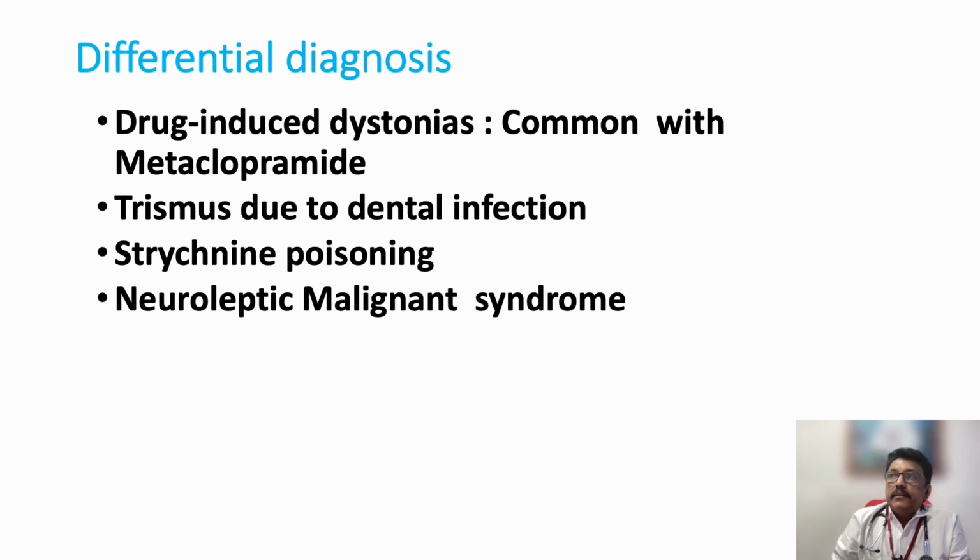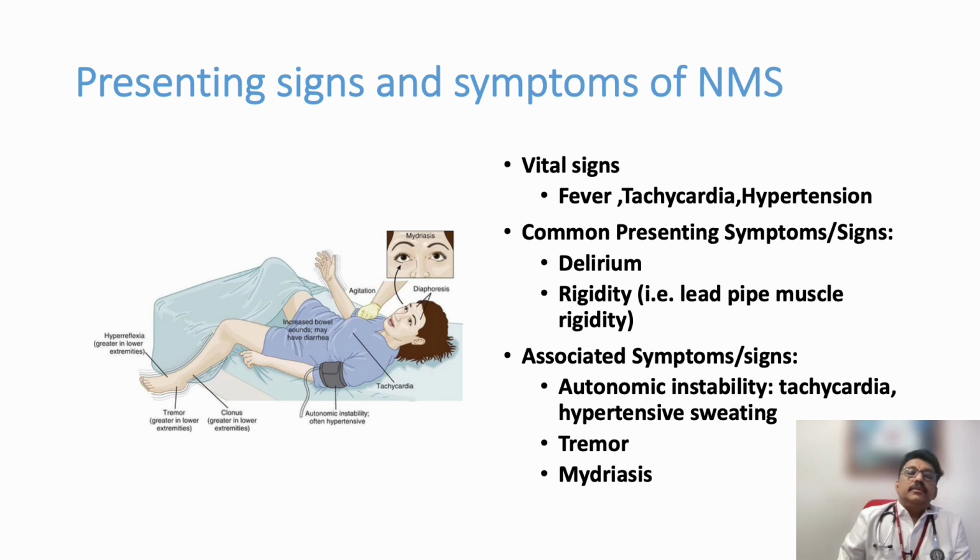You can differentiate neuroleptic malignant syndrome or serotonin syndrome from tetanus by the consciousness level. In tetanus, the patient will be fully conscious, whereas in NMS, the patient will have altered behavior. So these are the physical findings of neuroleptic malignant syndrome. This is mostly produced by antipsychotic medicine.